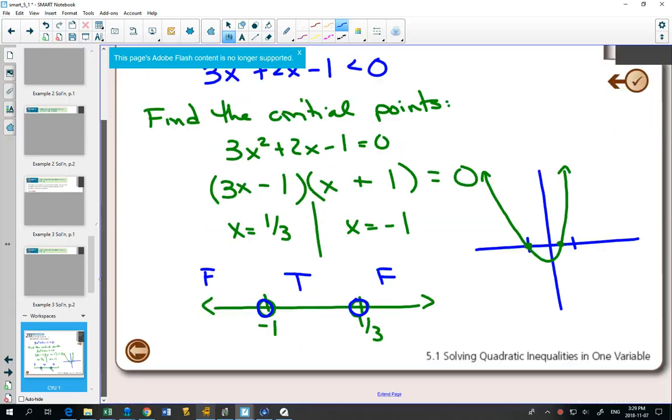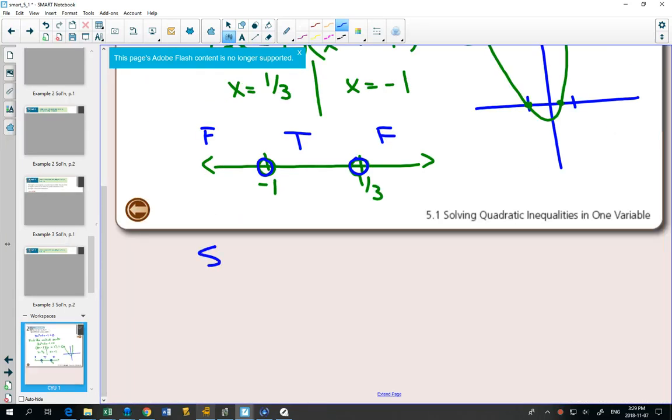And finally, you need to write your solution. So your solution for this one is between -1 and 1/3. You can either write it as inequalities, between -1 and 1/3.